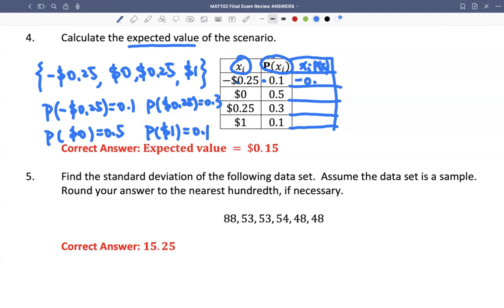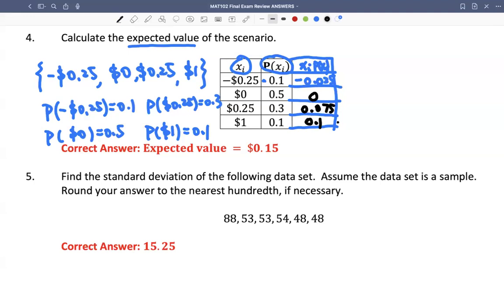Let's forget about the dollar sign for now. Multiply 0 with anything, we get 0. Multiply 0.25 with 0.3, we get 0.075. 1 times 0.1 gets 0.1.